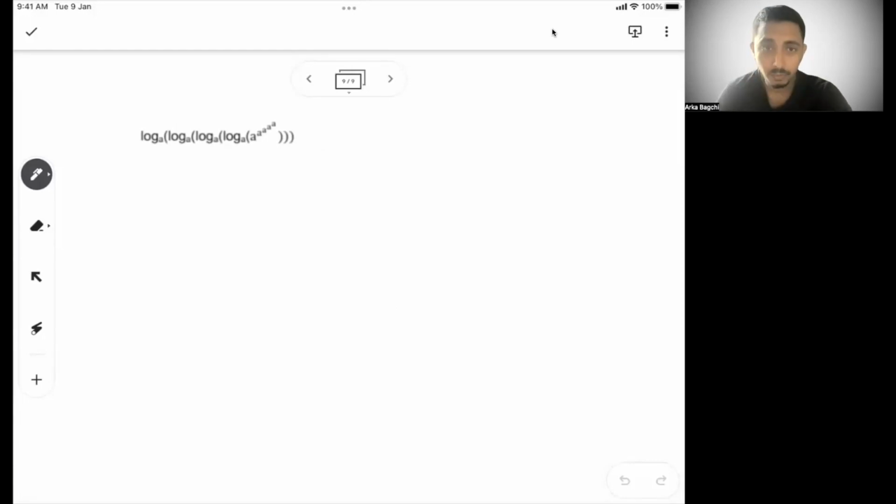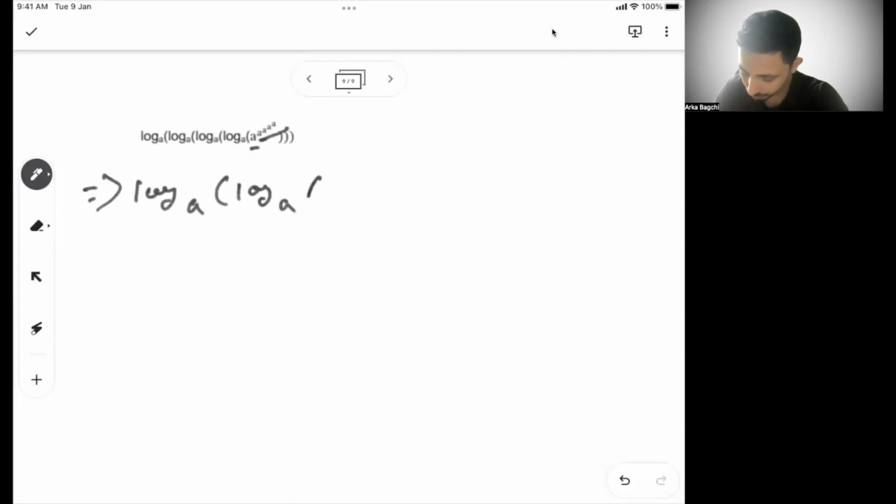Now this is the value they have asked you to simplify. So there are 4 A's in the base, and there are 4 powers, right? So let's go one by one. So log of A, first one, log of A, second one, log of A, third one, and then in the fourth one, there are 4 powers, so 1 power will come out.